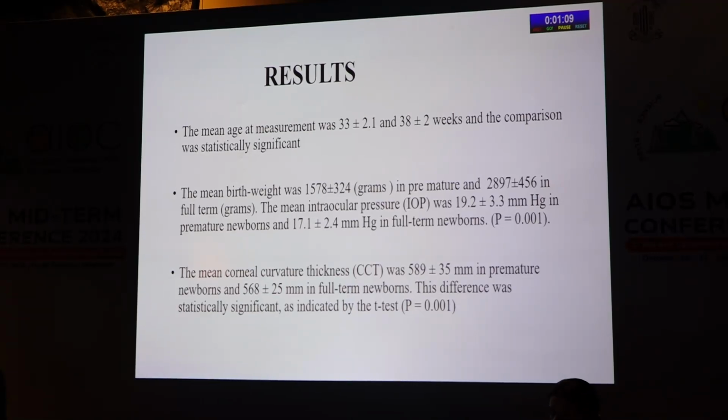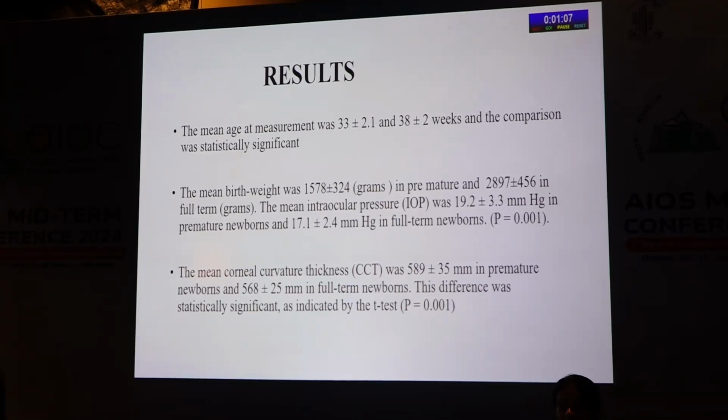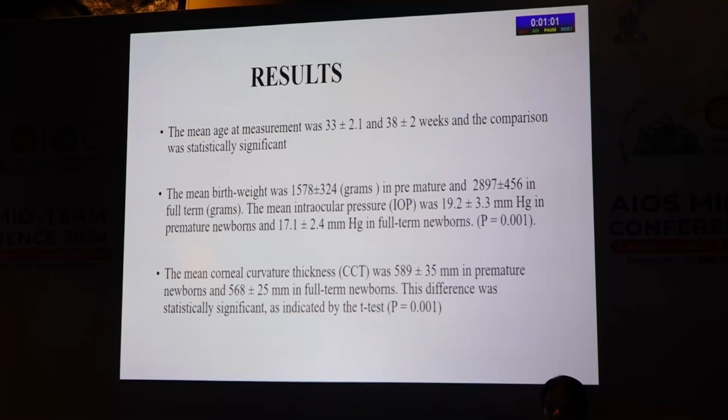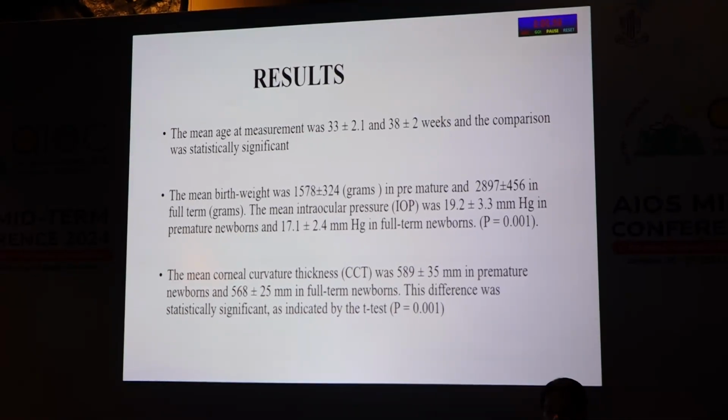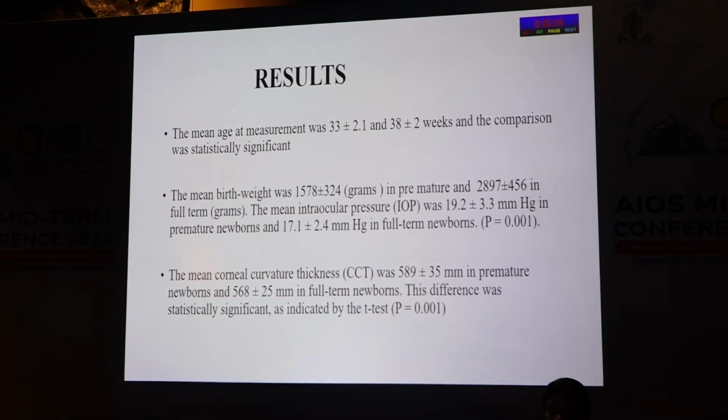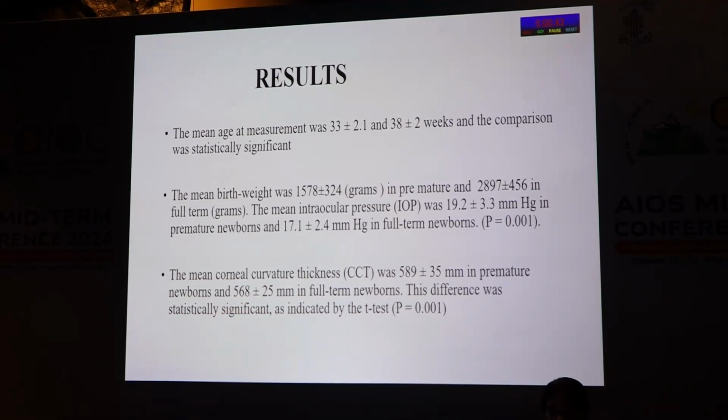The mean birth weight was 1578 plus minus 324 grams in premature, and for mature it is 2.8 kilograms. The mean intraocular pressure was 19 plus minus 3 for premature, and for term newborns it is 17.41 plus minus 2.4 millimeter of mercury, and it was statistically significant.